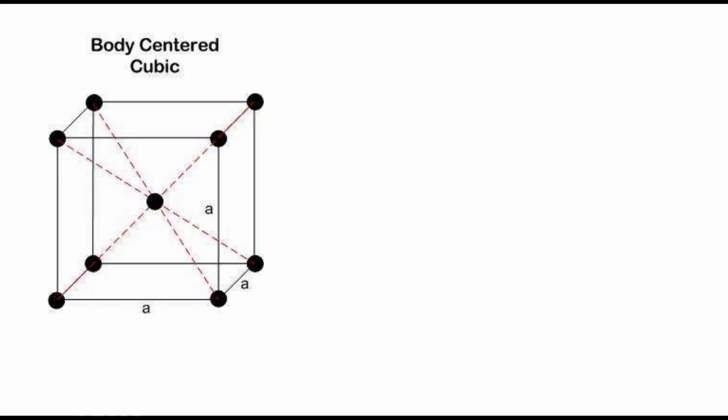In a body-centered unit cell, atoms are present at the corners. We have seen that the total contribution from the 8 corner atoms to the unit cell is 1/8 multiplied by 8, that is 1. In addition to this, there is an atom at the center of the unit cell, and this atom is not shared by any other unit cell.